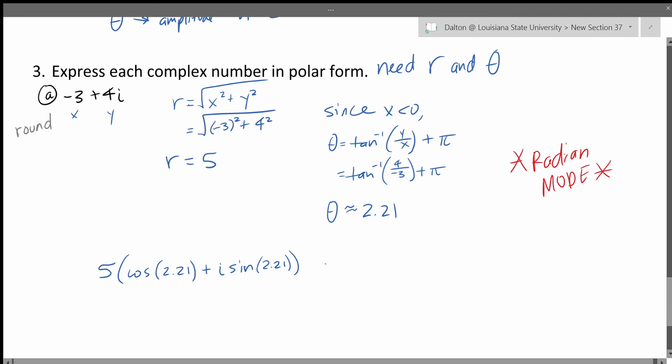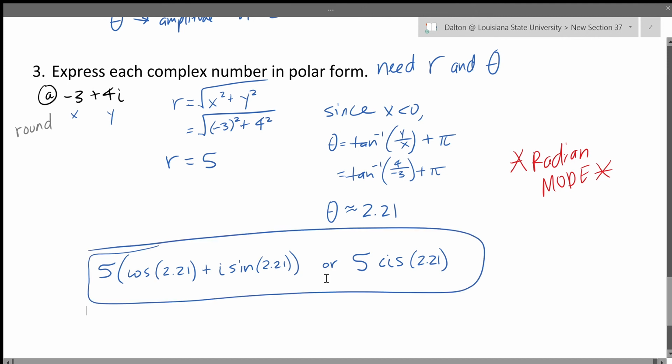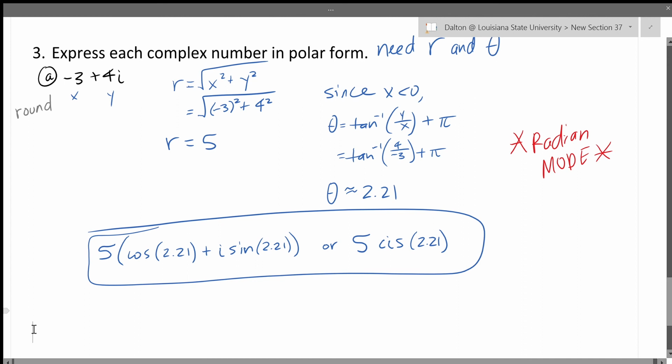Or you can write it quickly as 5 cis 2.21. I see many of you wanting to abbreviate that each time, which isn't an issue, but tomorrow when we go backwards from what we're doing right now, you'll see it as the elongated version of it, but I'm okay if you use the abbreviation that I've shown you here. Okay, let's do one more like this.